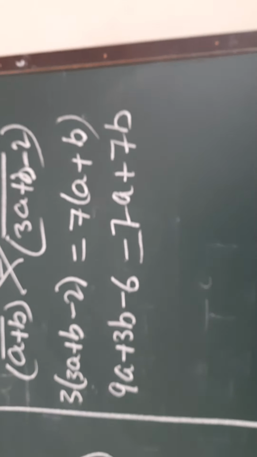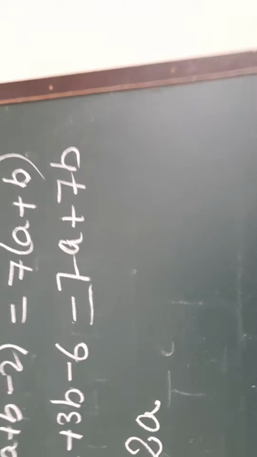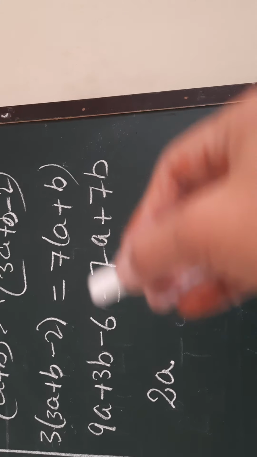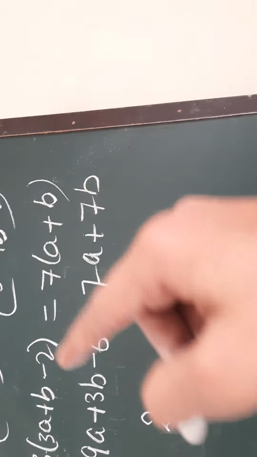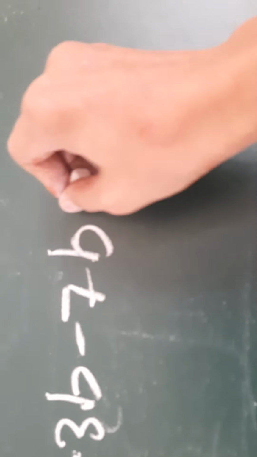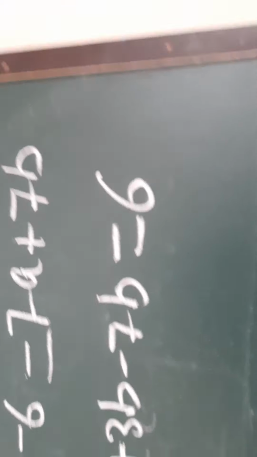Combine the like terms. 9a minus 7a, you will get 2a. Then plus 3b minus 7b. When it goes to the other side, it will become minus. So we'll write 3b minus 7b is equal to minus 6 will go to the other side and become plus 6.